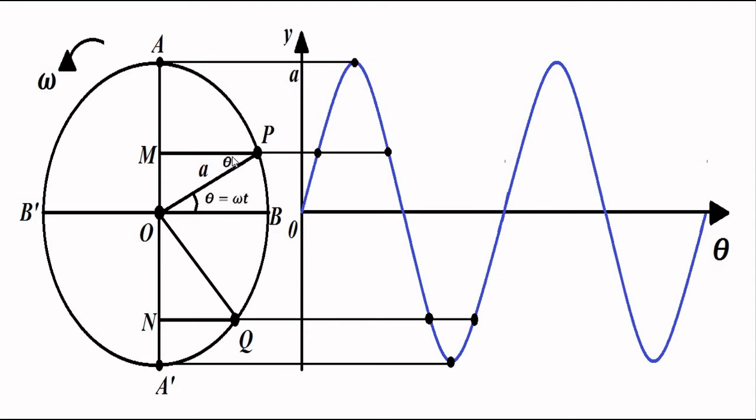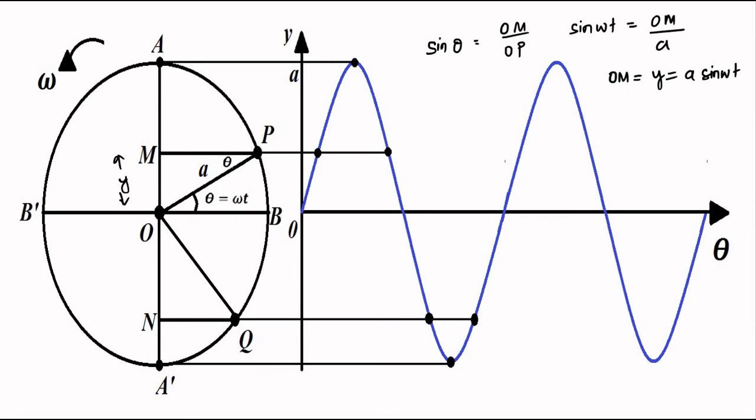Then sin theta is equal to perpendicular by hypotenuse, which is OM by OP, or sin omega t is equal to OM by A, because OP is the radius of the circle, which is A. So OM, which is the continuously changing instantaneous displacement, can be written as A sin omega t.